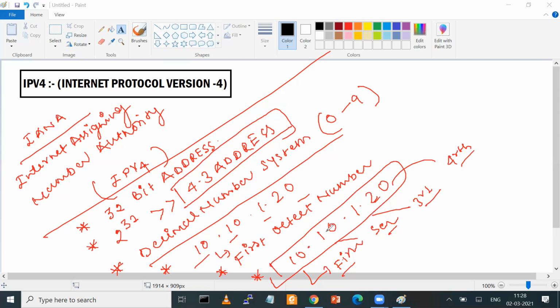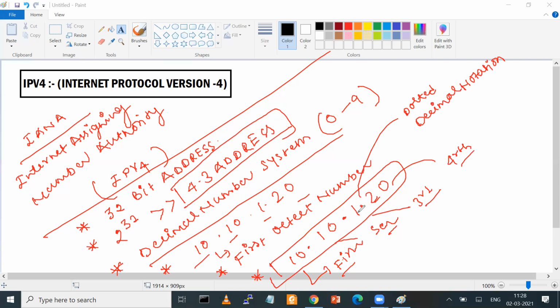Guys, whatever we mention with a dot, we call it dotted decimal notation. This is my dotted decimal notation. This dot is basically to separate the octets.